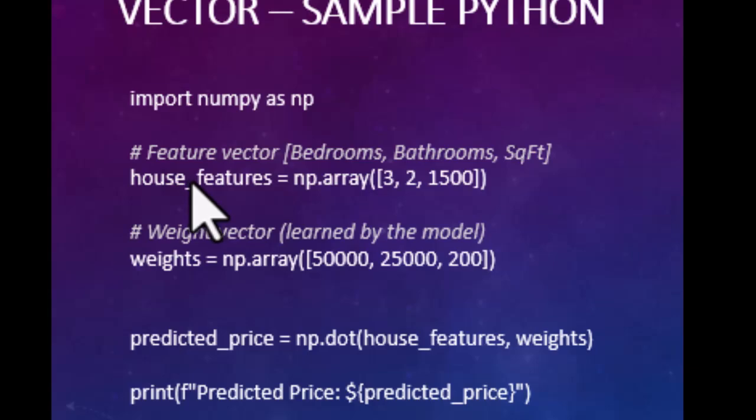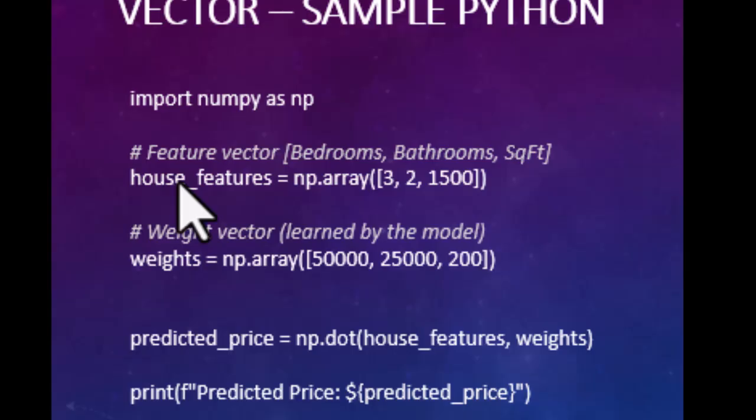This line, house underscore features, this is a variable, right? Which takes in a vector, which is a list of numbers. So this command creates the vector, which is stored in this variable called house features.